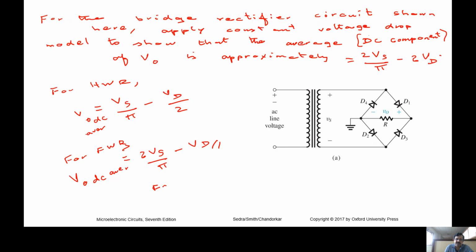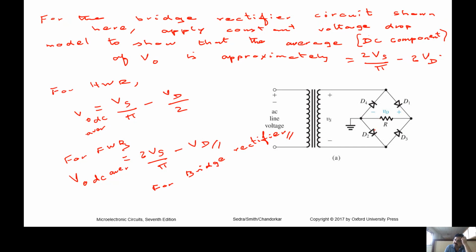Now for the bridge rectifier, let us look into the concept and then get the clarity. In the bridge rectifier, in the positive half cycle D1 and D2 conduct. So the conduction path is like this, like this, like this, and then comes back.